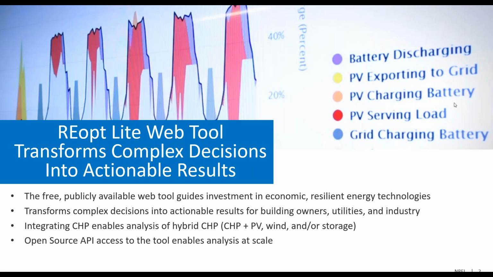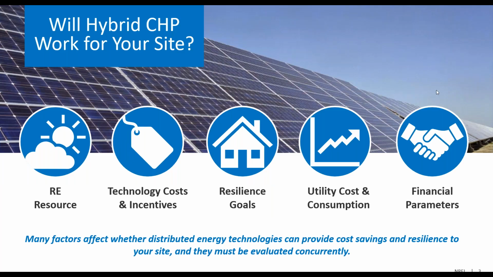This latest release, which is funded by DOE's Advanced Manufacturing Office, integrates combined heat and power to provide a tool for facility owners, industry, to evaluate both the economic and the resilience benefits of hybrid combined heat and power systems that combine CHP, PV, and storage.